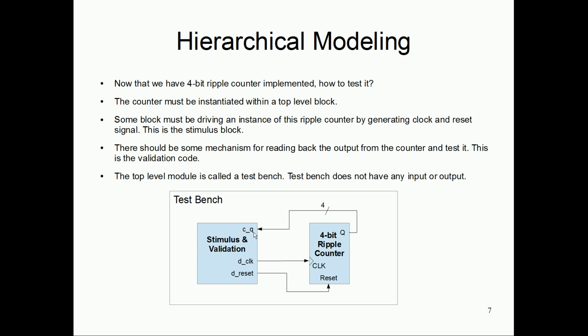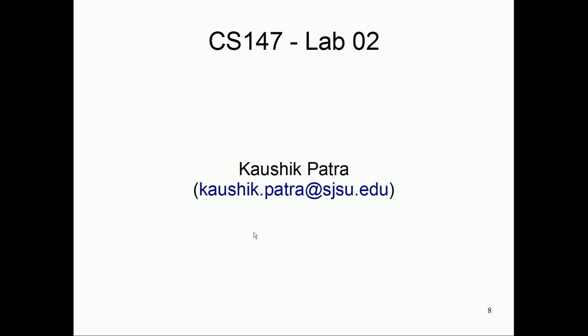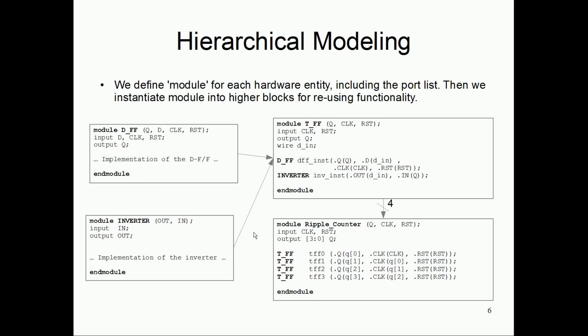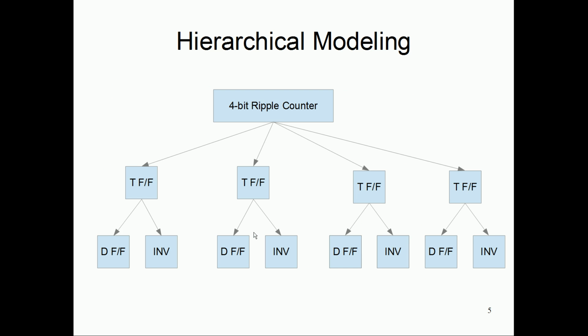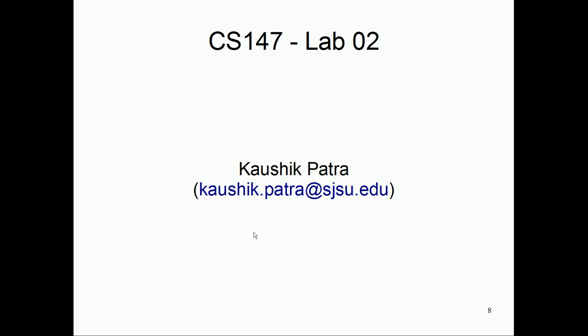It can be visual validation, automated or programmatic validation, anything, but those outputs have to be observed to make a decision whether a block or entity is functionally correct or not. In the next segment, we'll bring up the simulator ModelSim and do the experiment as we described here. We'll implement this ripple counter and observe its output.